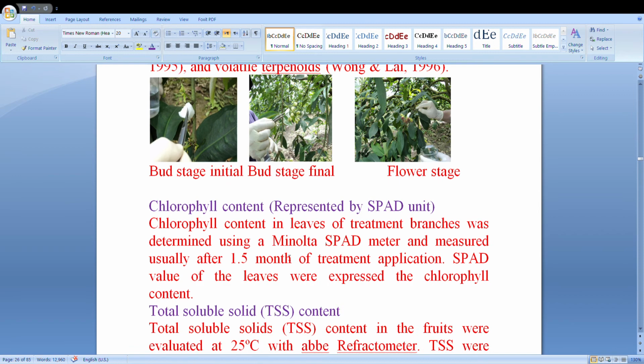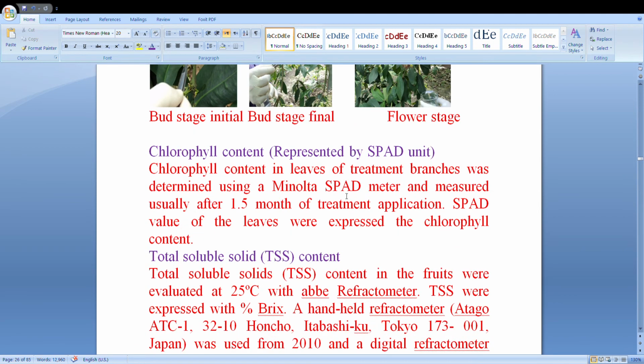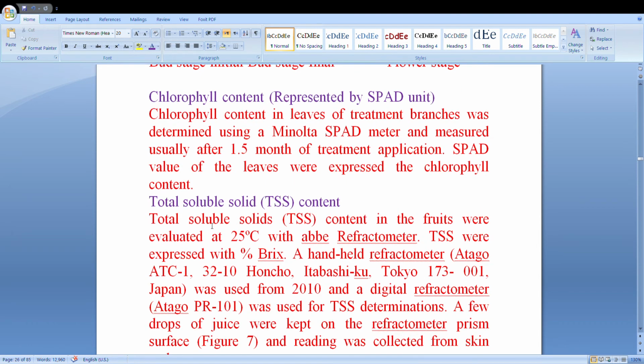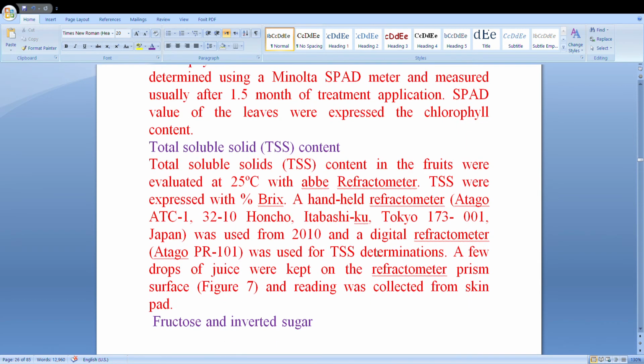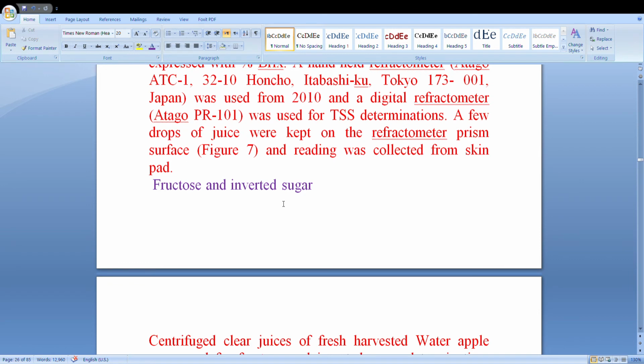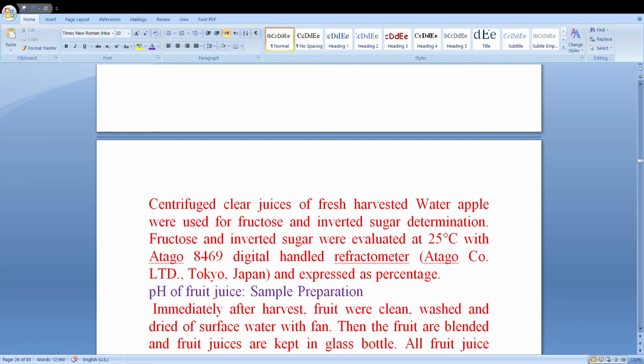Chlorophyll content of the leaves of the branch was determined by a SPAD meter. Then total soluble solids content was measured by a refractometer. You can see fructose and inverted sugar: the juice was centrifuged and collected, then measured by an Atago digital hand refractometer, Tokyo, Japan.